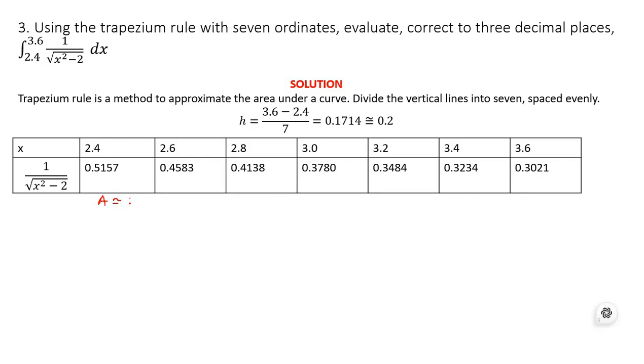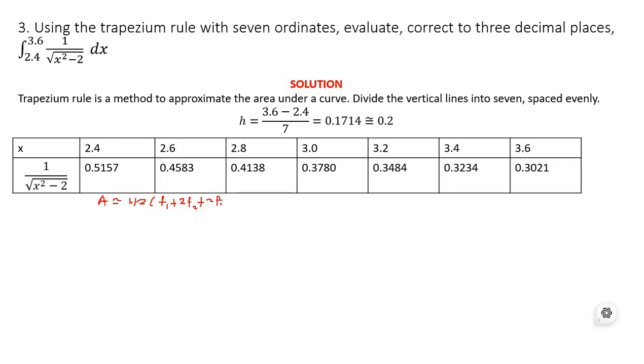Remember, h over 2, open a bracket, have your function of the first ordinate, double the second ordinate function, the third one you double it, same thing with the fourth one, you double it.